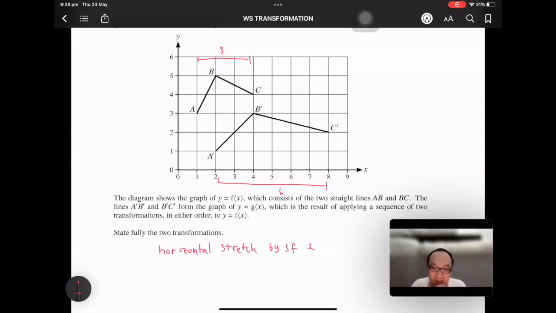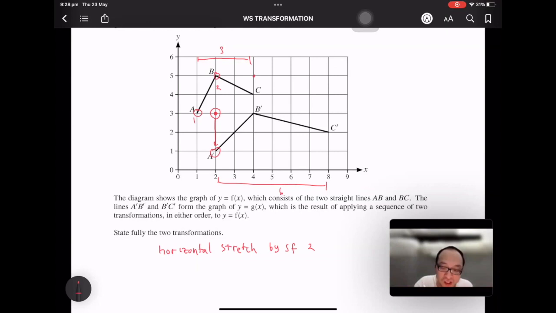And if we do the horizontal stretch by scale factor 2, the value of x equals 1 will become x equals 2. But the fact is, the point here is moved to here. Point B has the x coordinate of 2, so when you multiply it by 2, it should become 4.